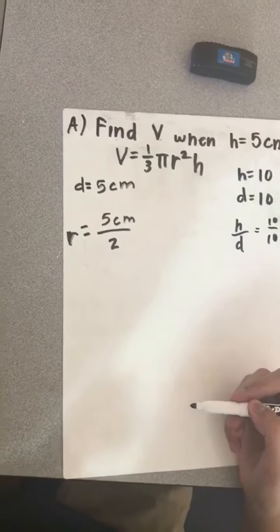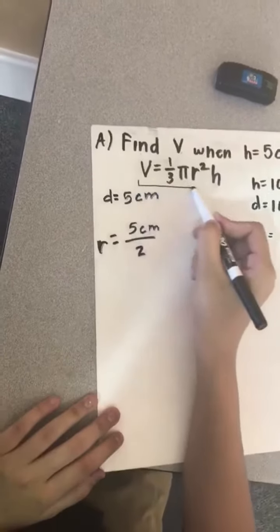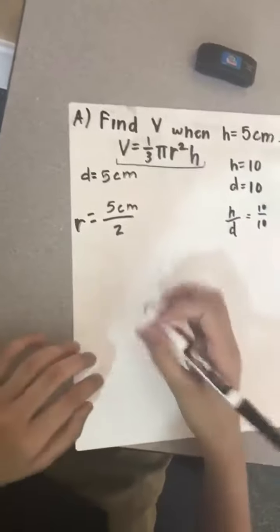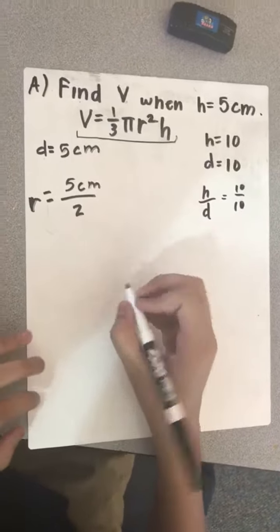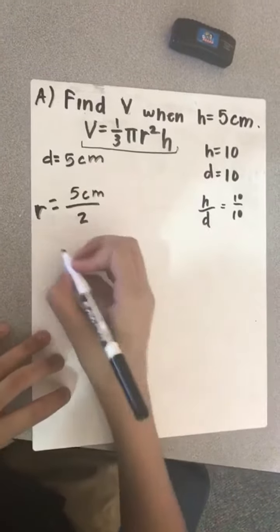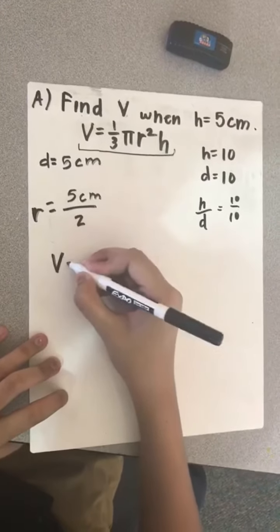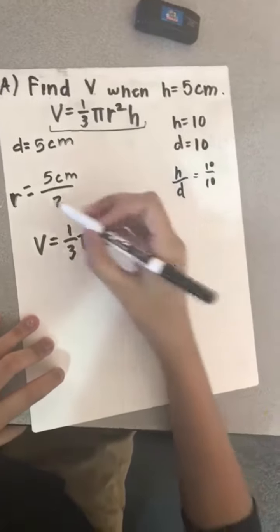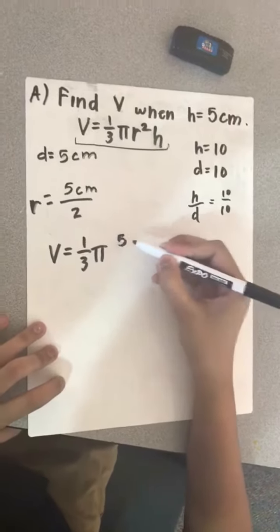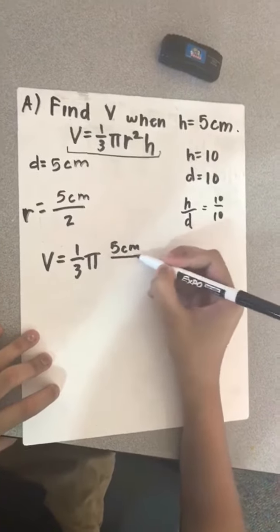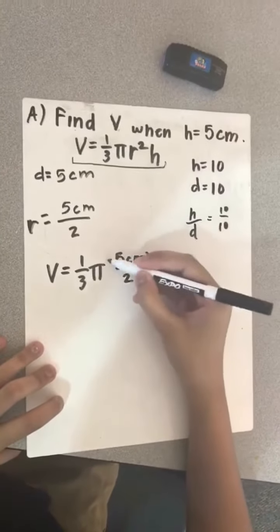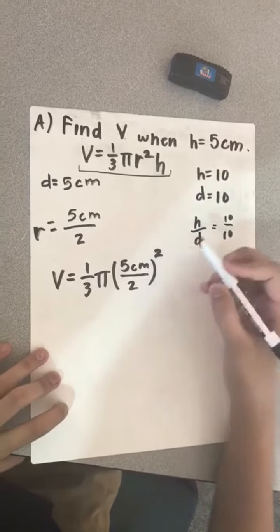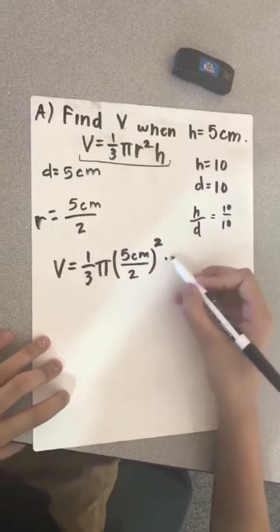Now, from here on, all we have to do is just plug everything in like so. Volume equals 1/3 pi, and our radius 5 centimeters divided by 2, squared, times h, which is 5 centimeters.